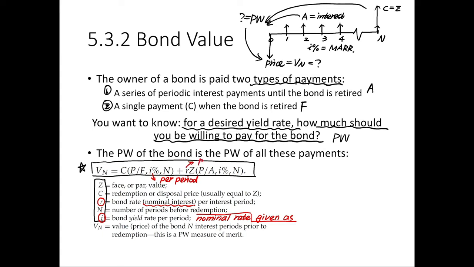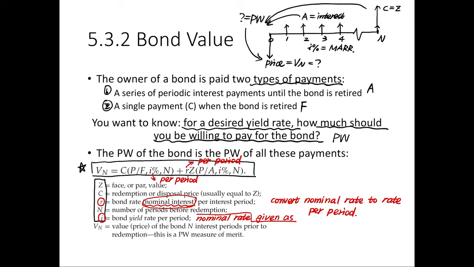The R will also be some percent per period. So it's given in the problem as a nominal rate, but in the equation, you want to use it as an interest rate per period. So you have to convert the nominal rate to some rate per period. That is why I said it's tricky.